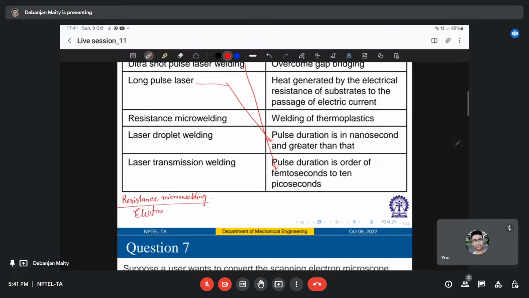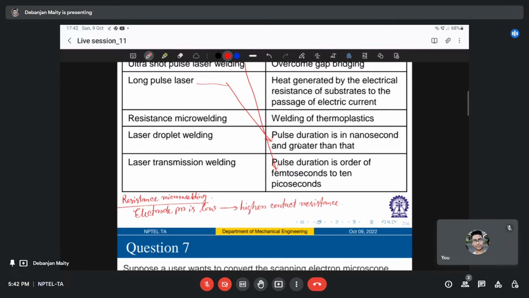So in resistance micro welding, electrode pressure is low, which results in higher contact resistance. And if the contact resistance is higher, what will happen?